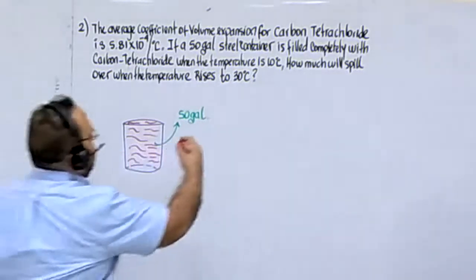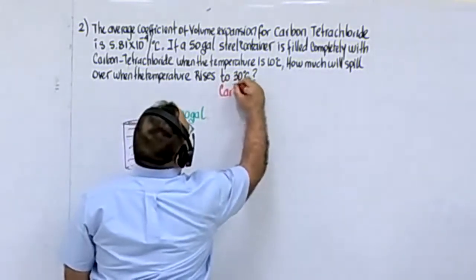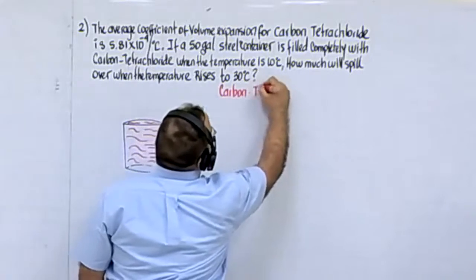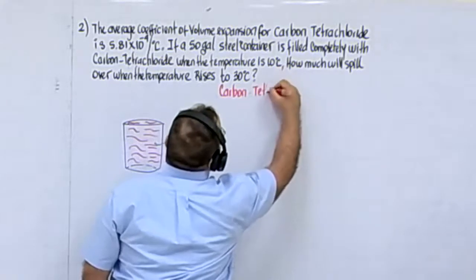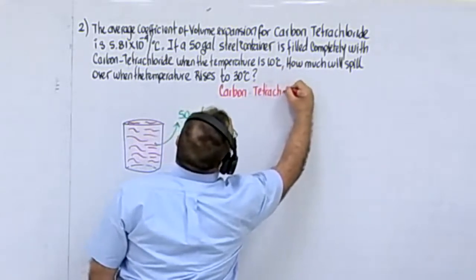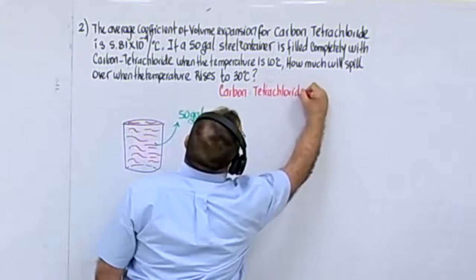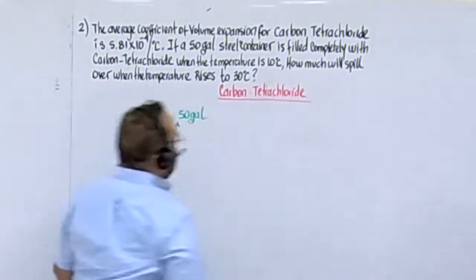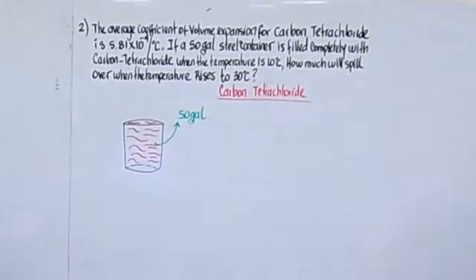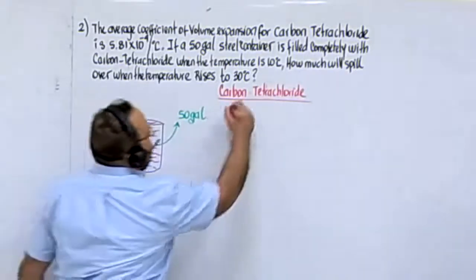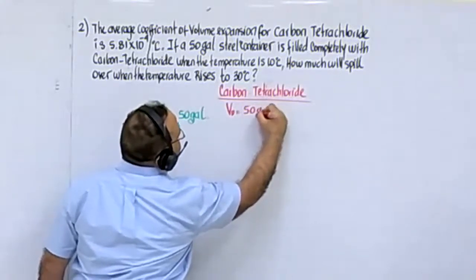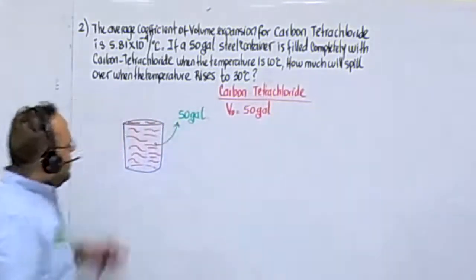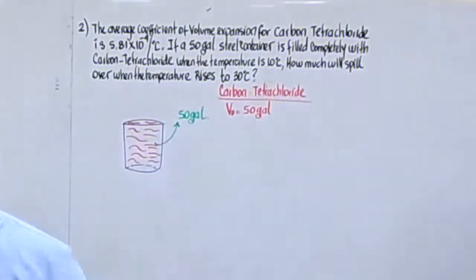I'm going to label it over here. What will be the data of the carbon tetrachloride? First of all, we have the initial volume, that will be 50 gallons because it's filling the maximum capacity of the container.